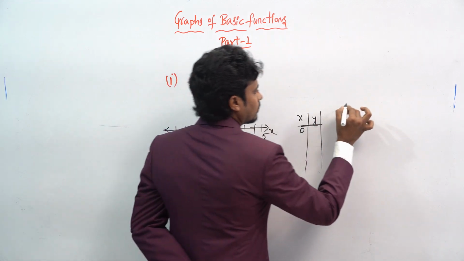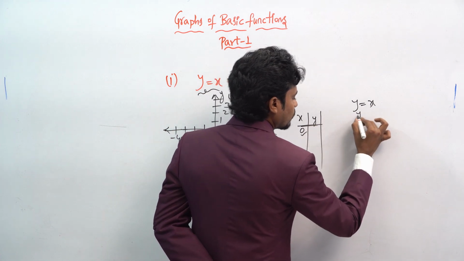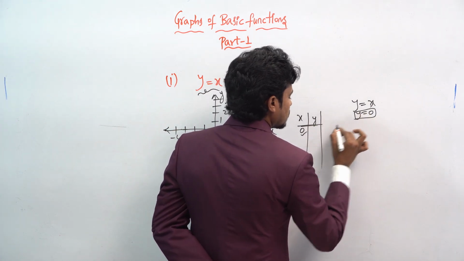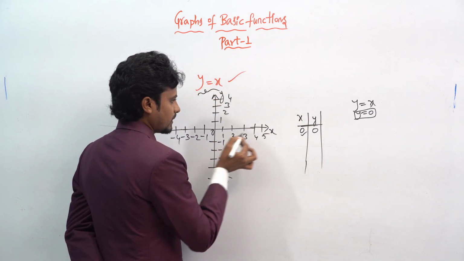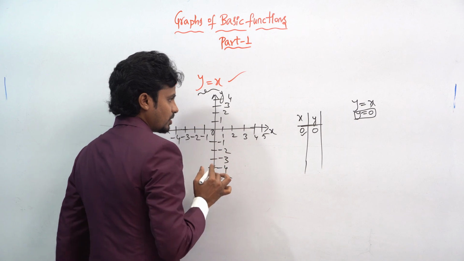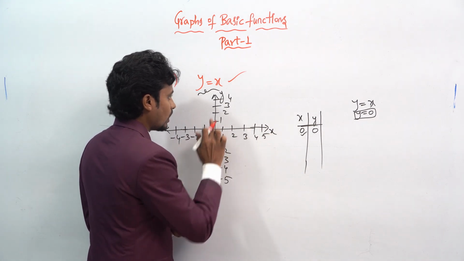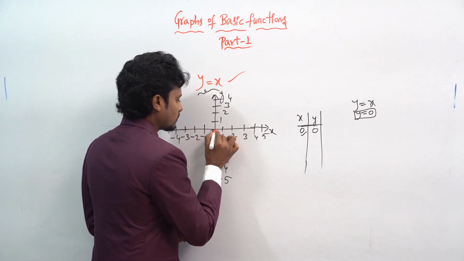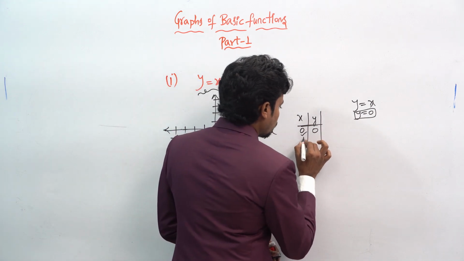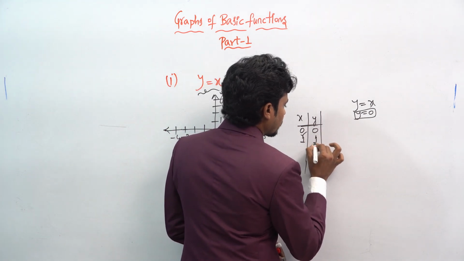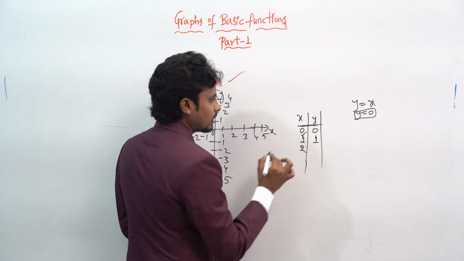If you put x is equal to 0 in y is equal to x, y becomes 0. At x is equal to 0, y is 0. This was the case. Next, for x is equal to 1, y is equal to 1. x is equal to 2, y is 2.